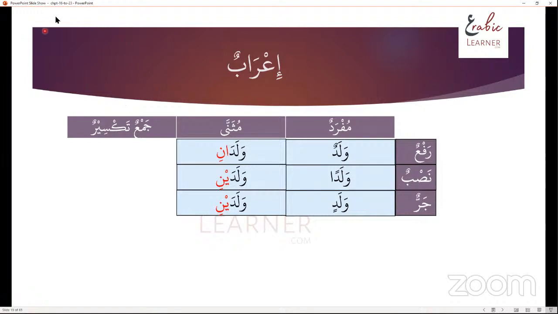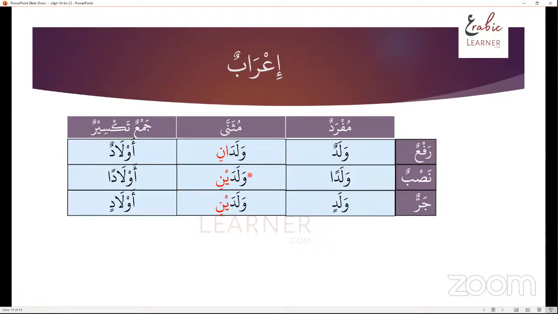Now, for walad, the jama is not jama salim, it is jama taksir. So what is it? Awladun, awladan, awladin.